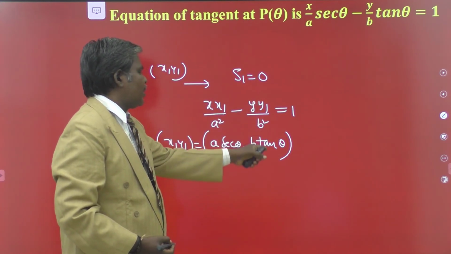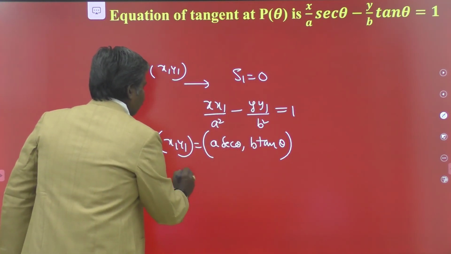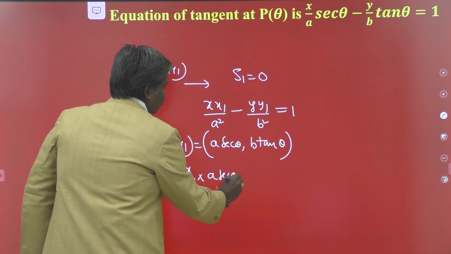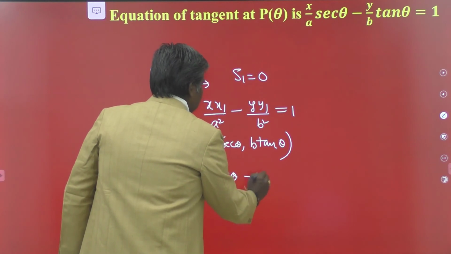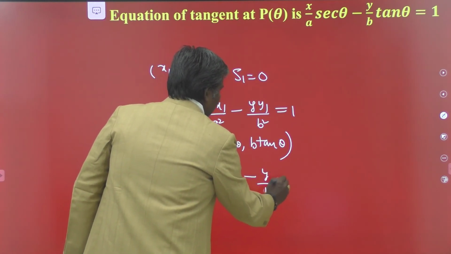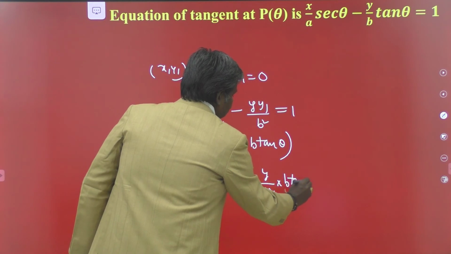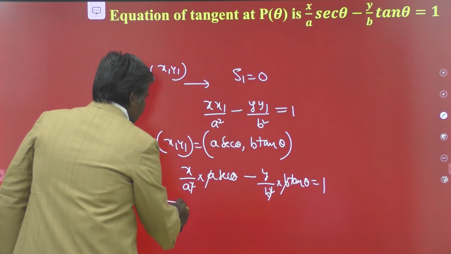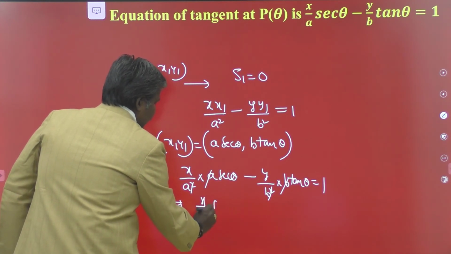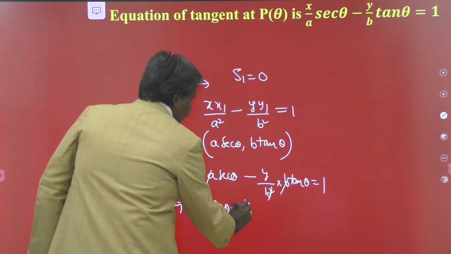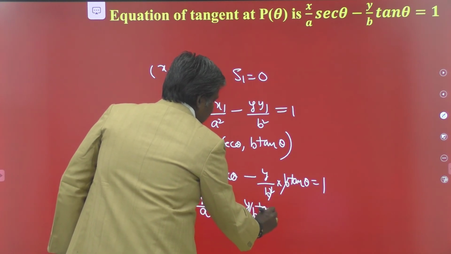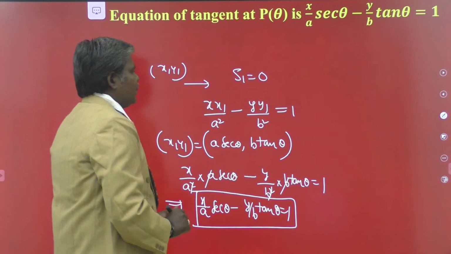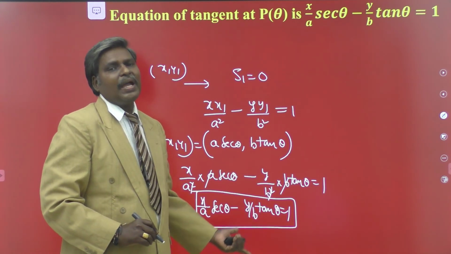Replace x1 by this one, y1 by this. We get the equation of tangent: x by a square into a secant theta minus y by b square into b tan theta is equals to 1. b gets cancelled, a gets cancelled, and the remaining thing is x by a secant theta minus y by b tan theta is equals to 1. This is the equation of tangent at P(theta) to the hyperbola.